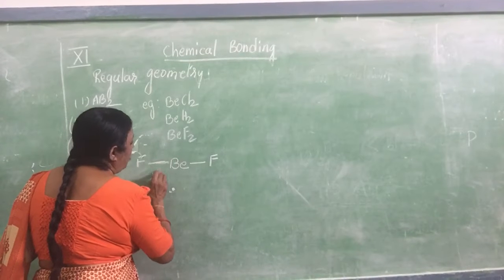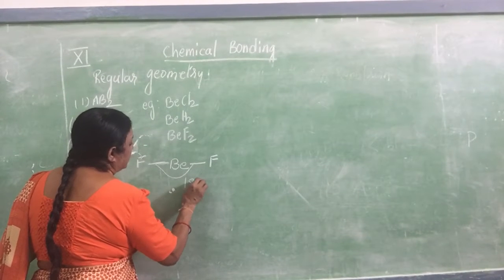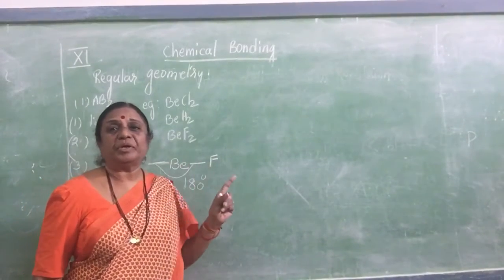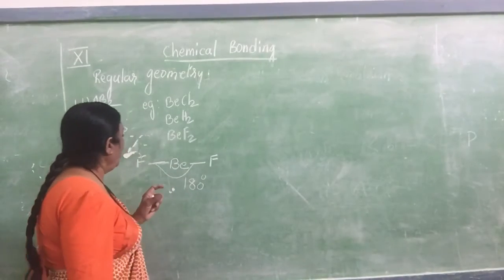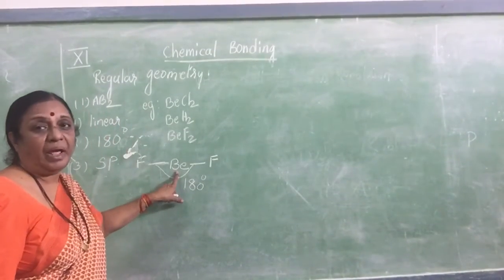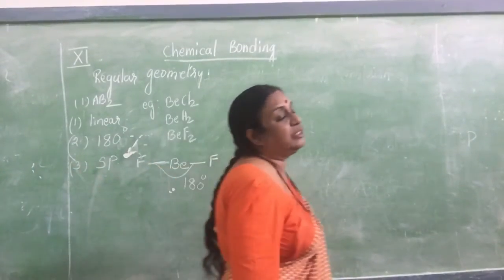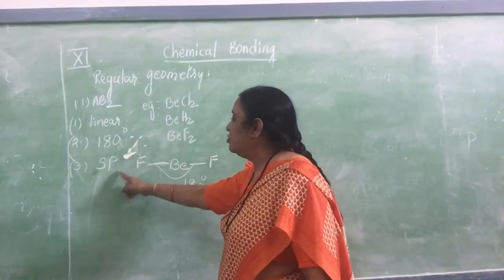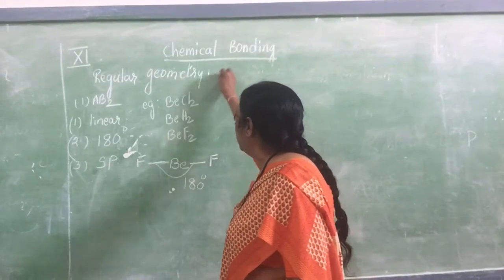Since it is in the form of a straight line, bond angle is 180 degrees. Please learn by heart, children. This theory is very, very important for the two years, for class 12th also. Now, beryllium fluoride, 180 degrees. If it is 180 degrees, the geometry is linear. If it is linear, sp hybridization. Follow, children, this is clear?